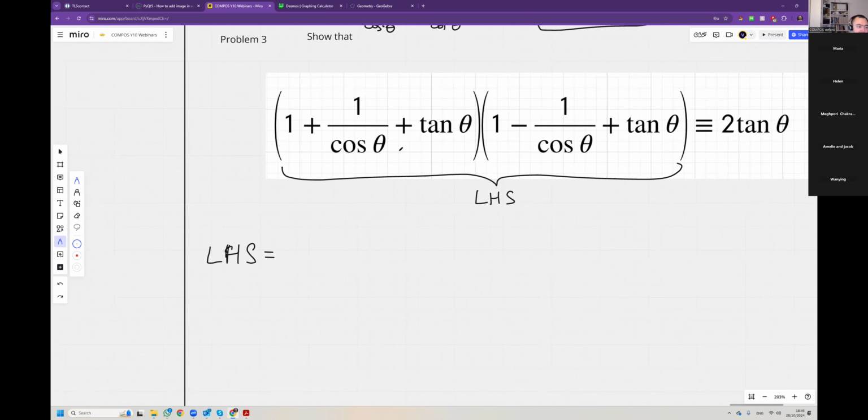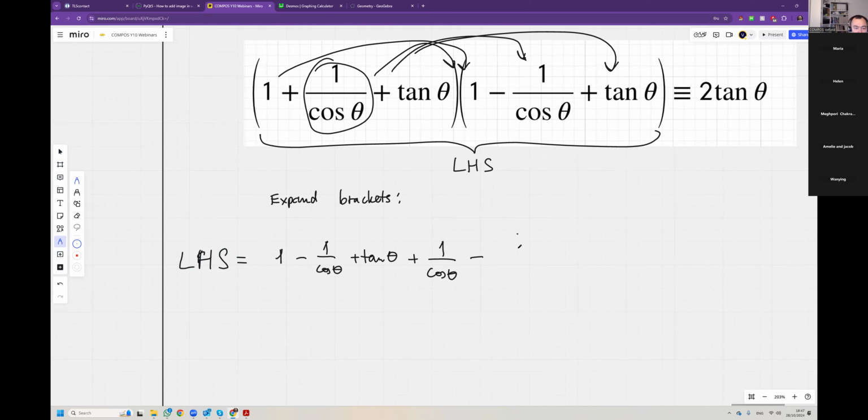Left-hand side. So I multiply 1 by 1, so 1, minus 1 over cos theta plus tan theta. Then I take the second one and multiply it by everything: 1, 2, 3. So it's going to be plus 1 over cos theta, minus 1 over cos squared theta. I multiplied this by that, plus 1 over cos theta multiplied by tan theta.